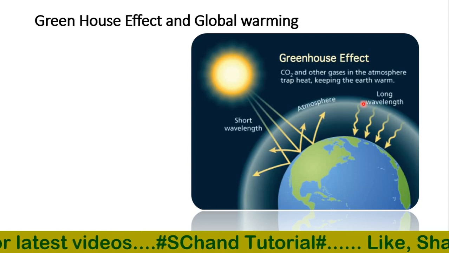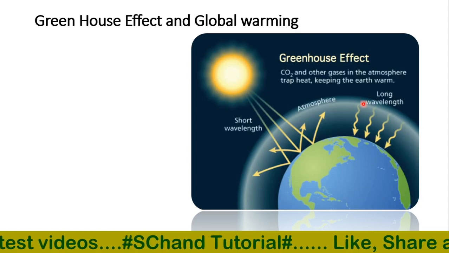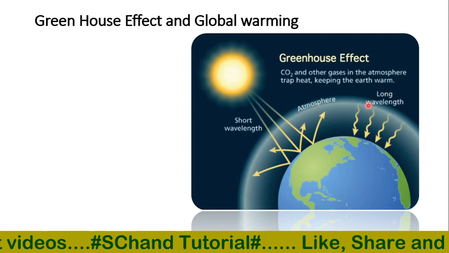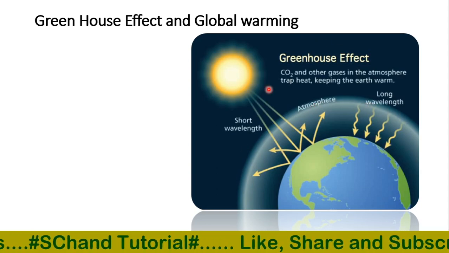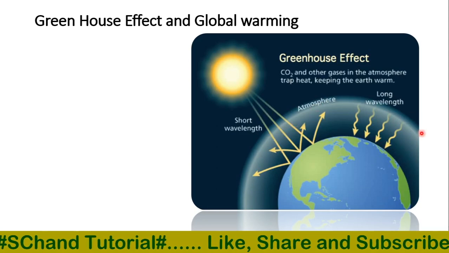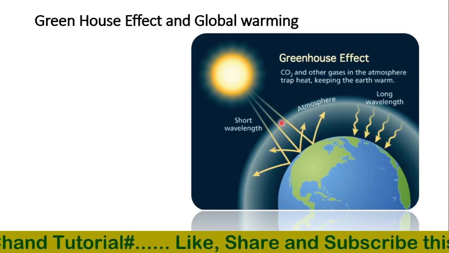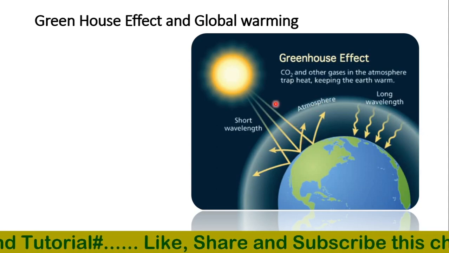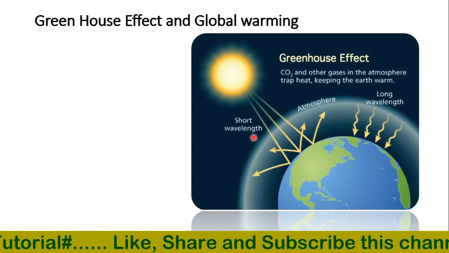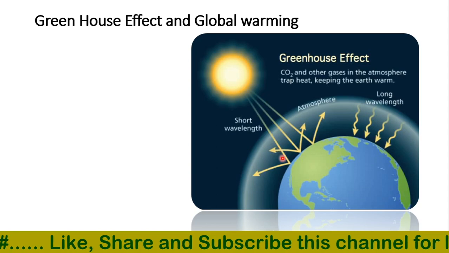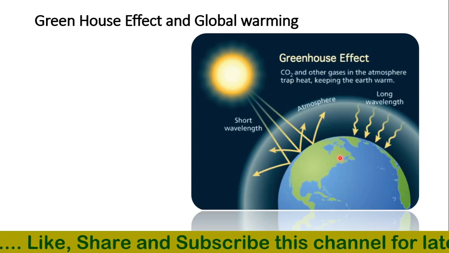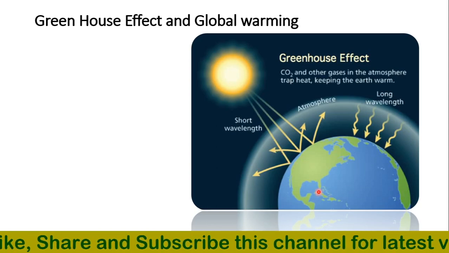If we talk about the earth, the atmosphere is just behaving as a tent. Earth has an atmosphere around it, a layer of atmosphere, and this atmosphere, you might be knowing, expands up to 300 kilometers. When light is coming from the sun, I have told you, it is of short wavelength. On the earth surface there is water, plants, houses, buildings, different kinds of objects.